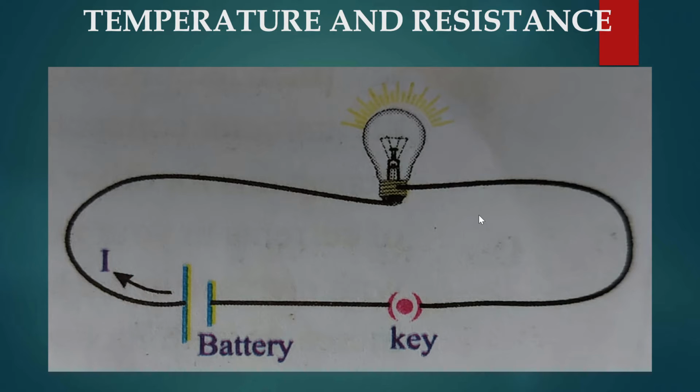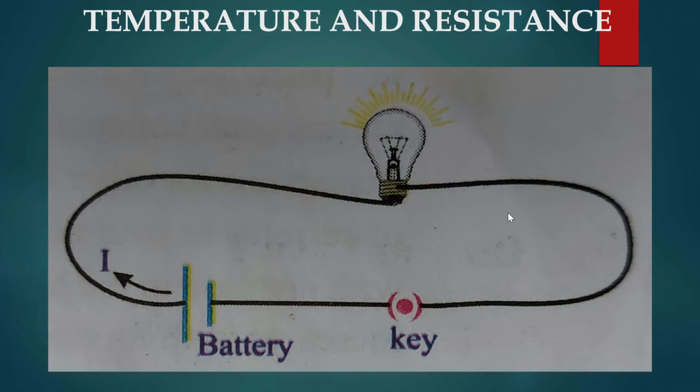What is the reason for the increase in the resistance of the bulb when current flows through it? We'll notice that the bulb gets heated, that is, the temperature is increasing. This is the filament of the bulb. So the increase in the temperature of the filament is responsible for the increase in the resistance in the second instance.